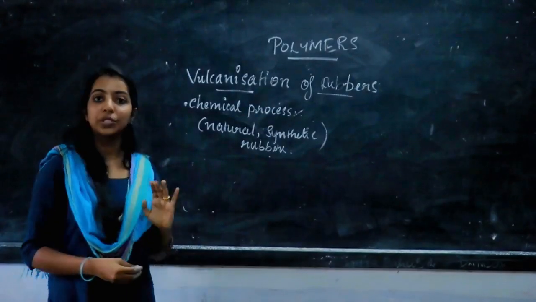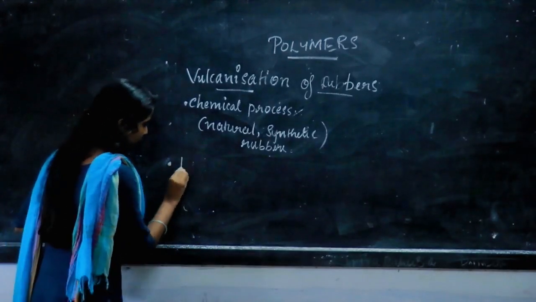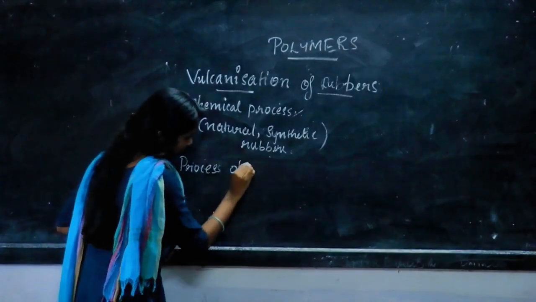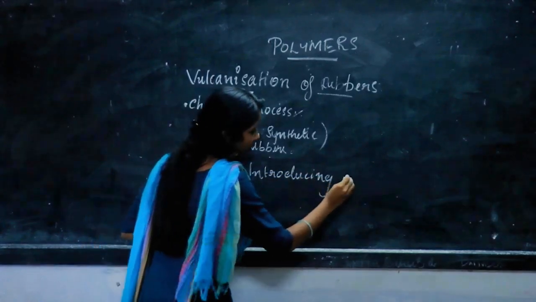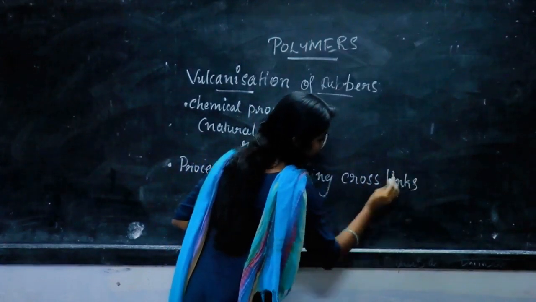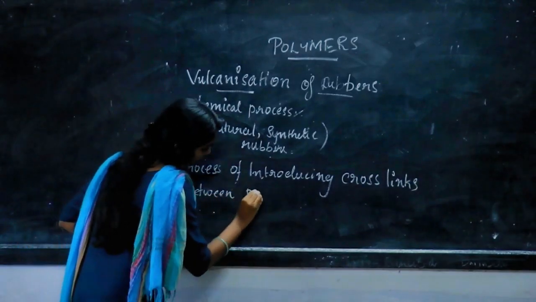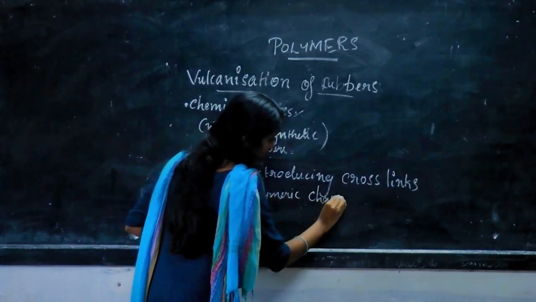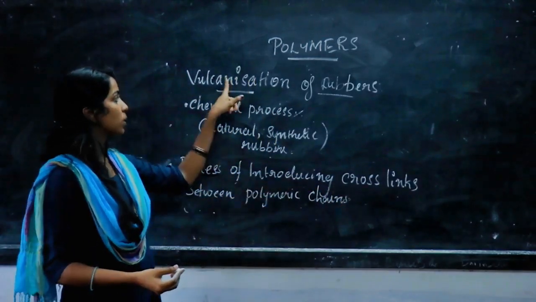The process of introducing crosslinks between the polymeric chains is known as vulcanization.